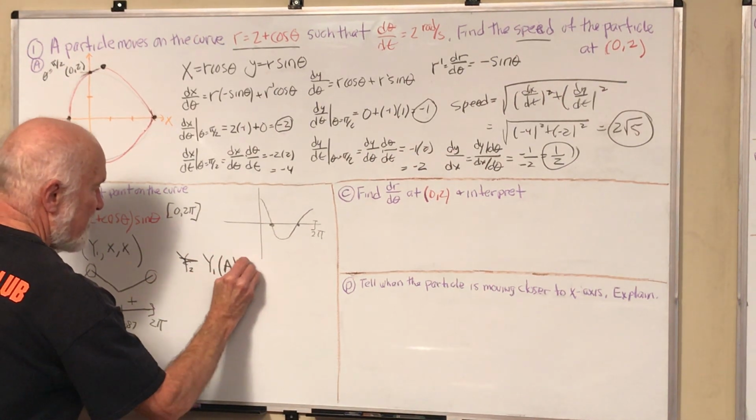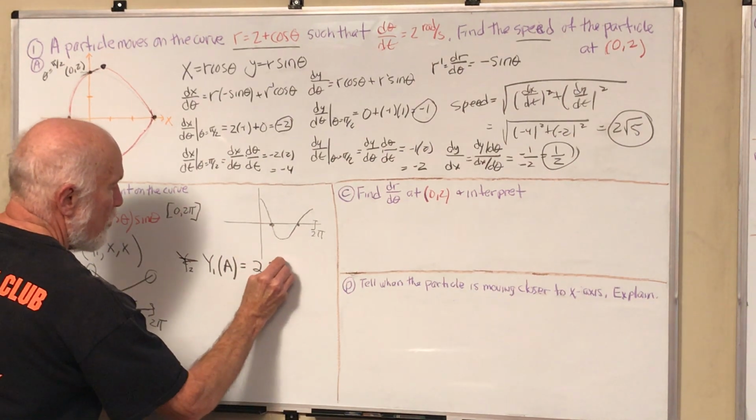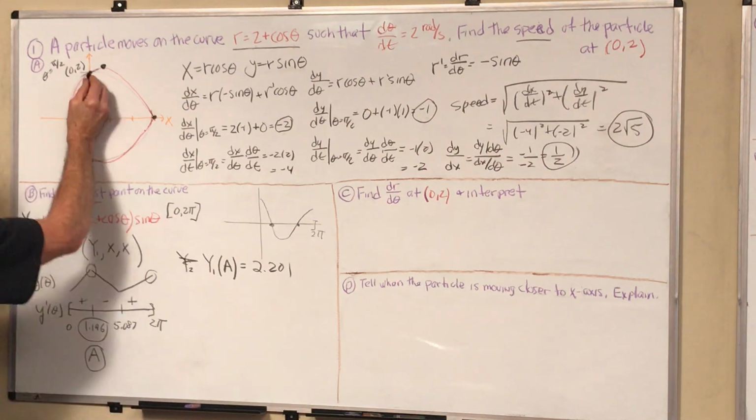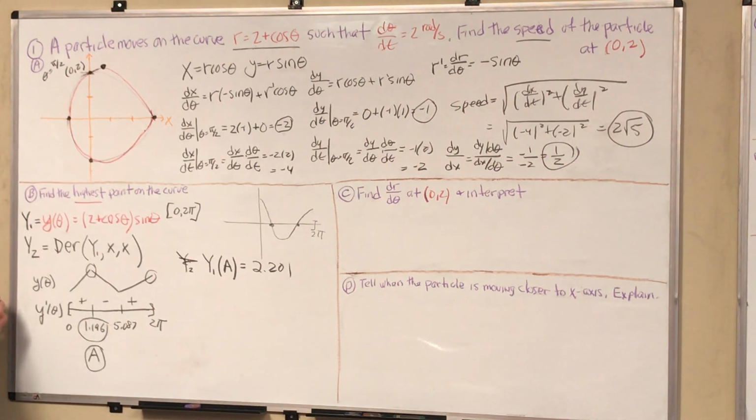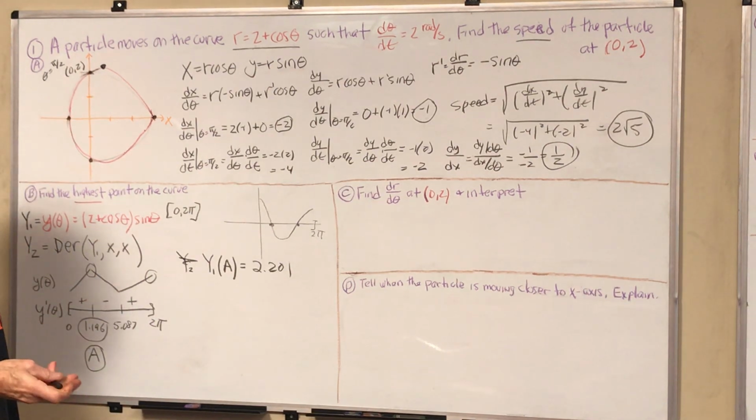And it comes out to be 2.201. So yeah, this is 2 above the x-axis. This is 2.201. So kind of again, it went against what we were thinking when we first graphed that curve, but derivatives take care of things like that.